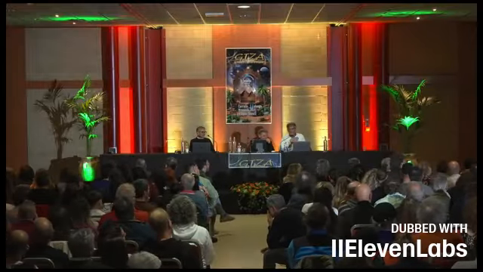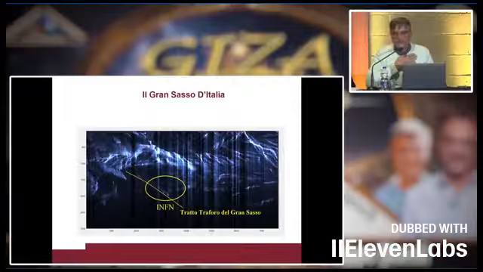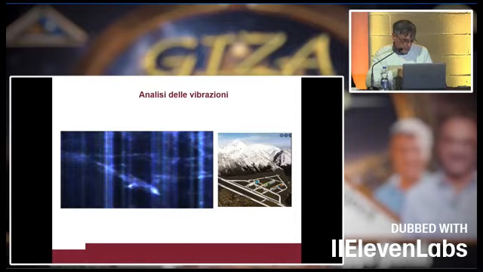Joking aside, we managed to see the INFN, the National Institute of Nuclear Physics, hence the Gran Sasso Laboratory, with sections of the tunnel. Here it is. This is an enlargement. You can see there's the interferometer too. That point you see at the end is an interferometer, and from here the interferometer always returns.